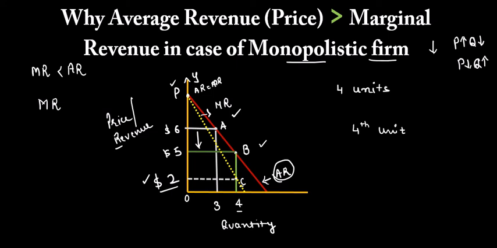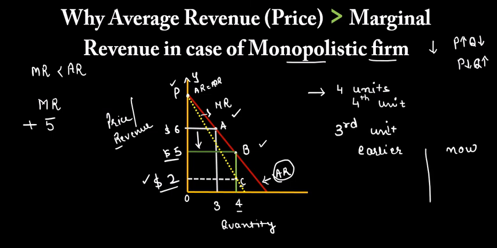When the firm is producing 4 units, how much additional revenue do we get from the 4th unit? $5, because the price for the 4th unit is $5. That means we are getting additional $5 marginal revenue for the 4th unit. But if you look at the 3rd unit, earlier the 3rd unit was sold at $6. But now since the price has reduced to $5, this has been sold at $5.